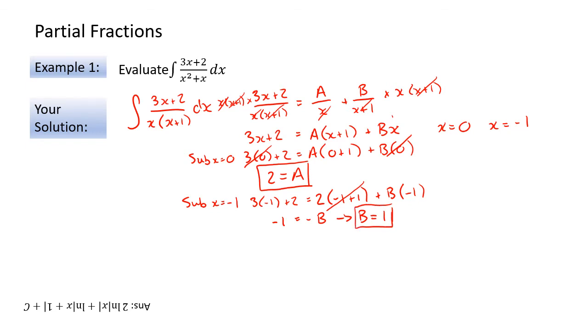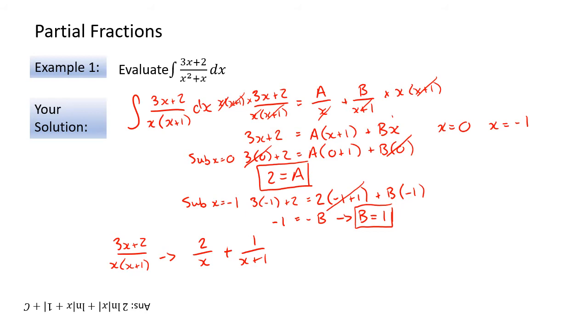So what this means is now we have our partial fractions, okay? So we can rewrite this, instead of 3x plus 2 over x times x plus 1, as the a term, 2 over x, plus the b term, which is 1 divided by x plus 1, okay?